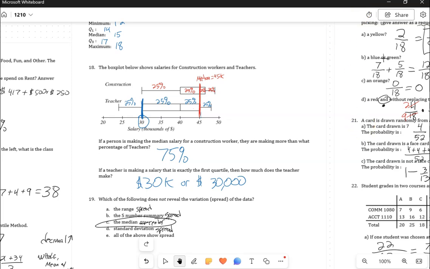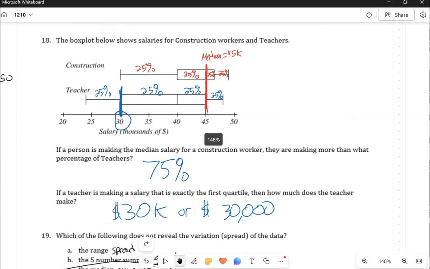Okay, and give me one more moment. All right, so the question is about number 18, just to clarify it again.